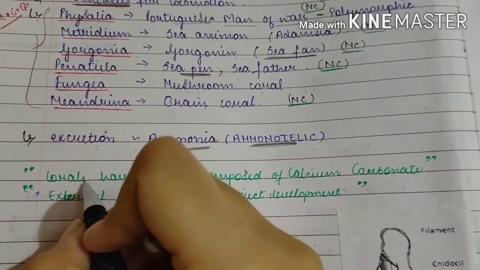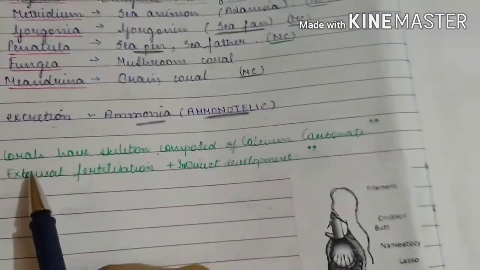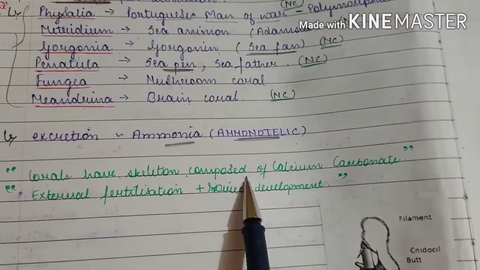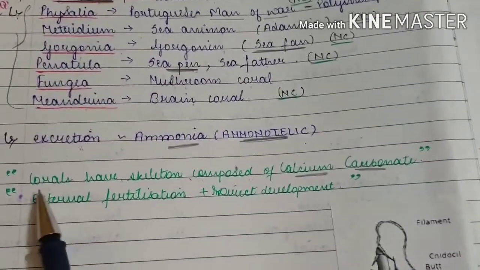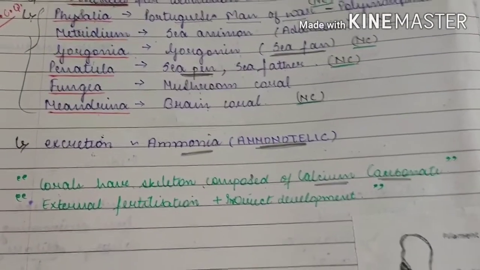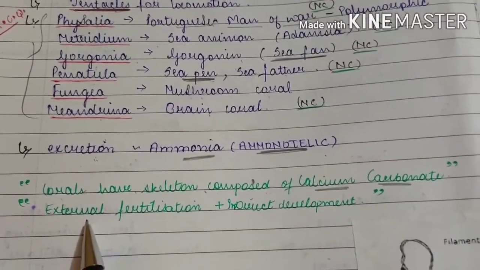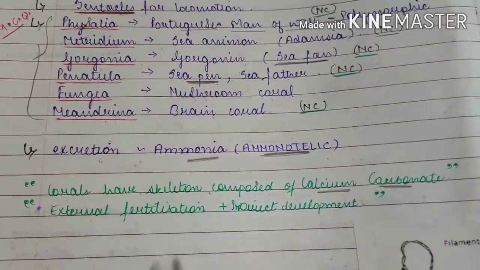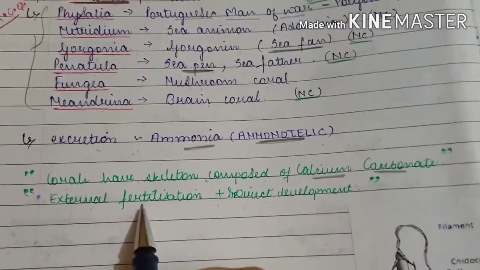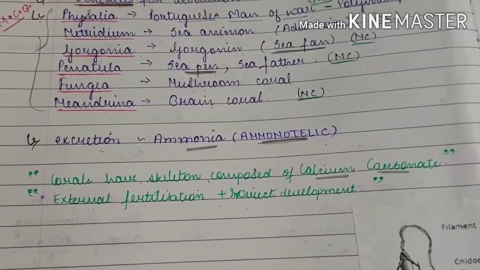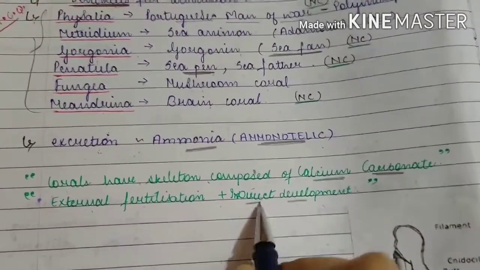So one must know these points. Corals have the skeleton composed of calcium carbonate. It has external fertilization plus indirect development. The fertilization takes place by the external method and the development takes place by the indirect method.